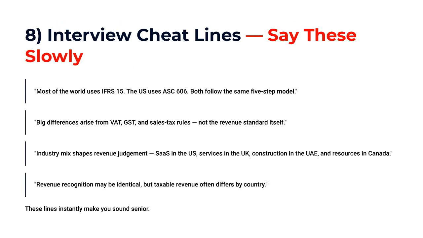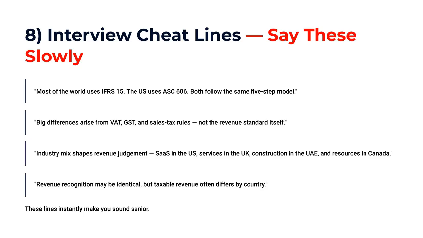Interview cheat lines. Say these slowly. Most of the world uses IFRS 15. The US uses ASC 606. Both follow the same 5-step model. Big differences arise from VAT, GST, and sales tax rules, not the revenue standard itself.